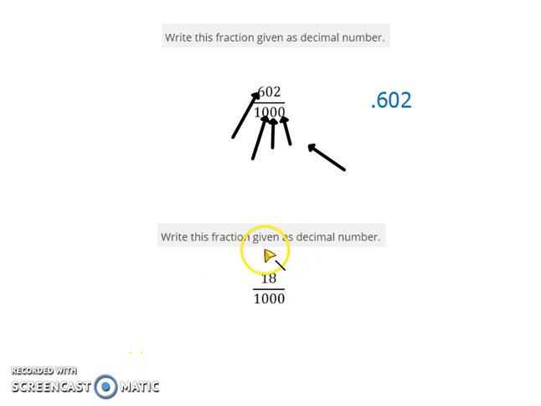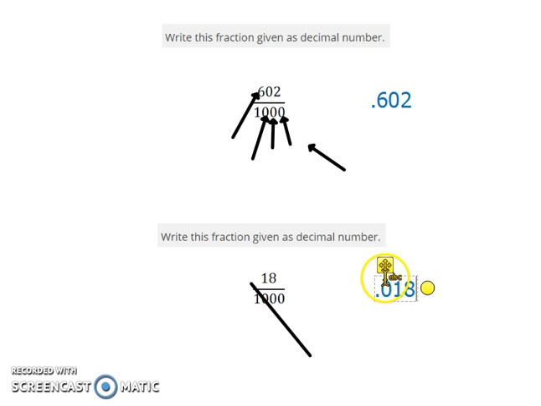Now, write this fraction given as a decimal number. Once again, we have 1, 2, 3 zeros on the end. So we need to jump 3 spots. We start here, we go 1, 2, 3, and there's a gap in between. So we have to write 0.0, and a 0 goes in that gap, 18.